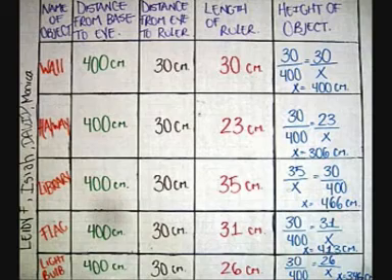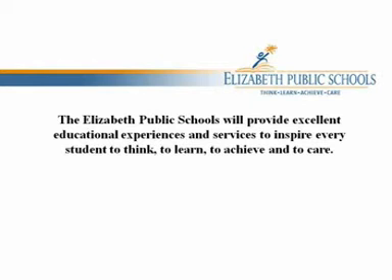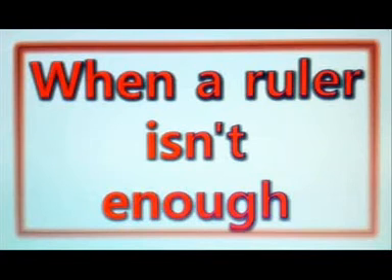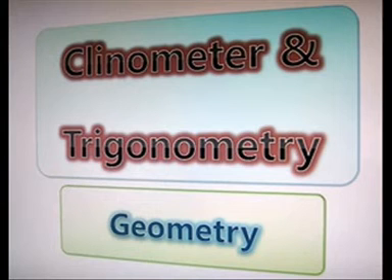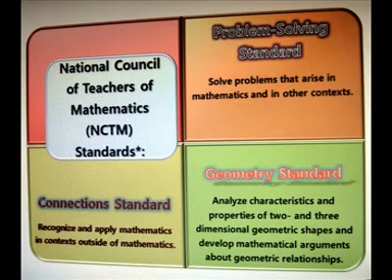How about my other class? This class had similar activities when the ruler is not enough, but this is a little bit different. It is called a clinometer. Using only a protractor, we try to find the height of taller, higher objects.